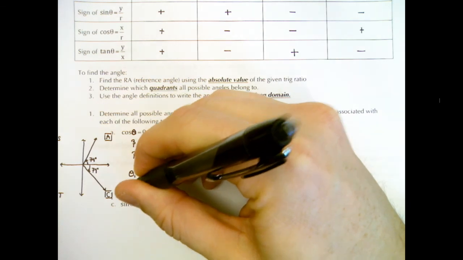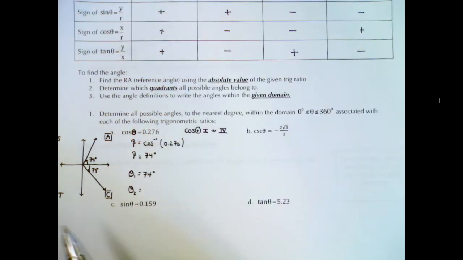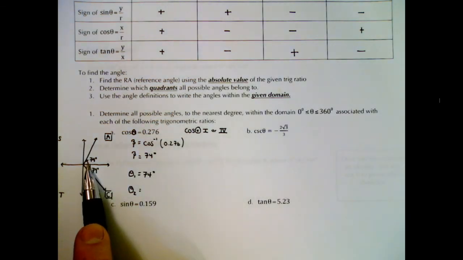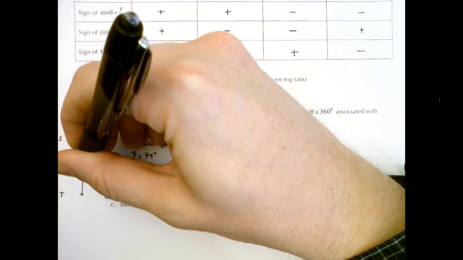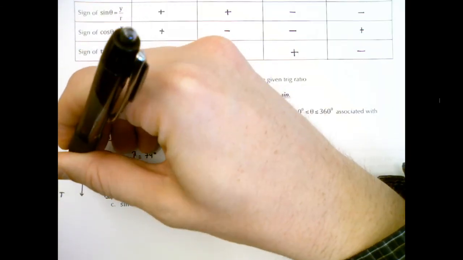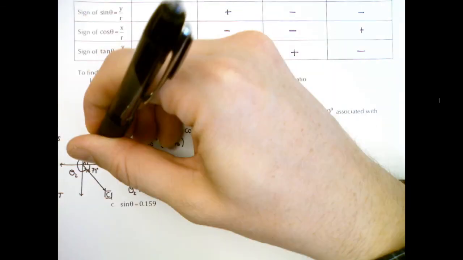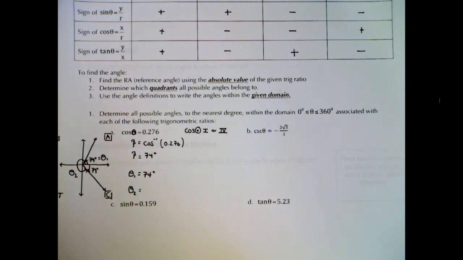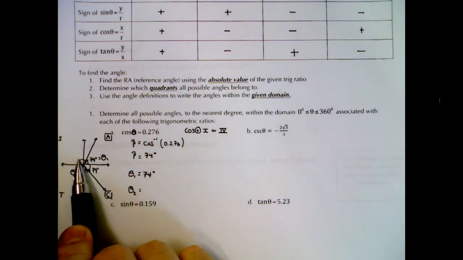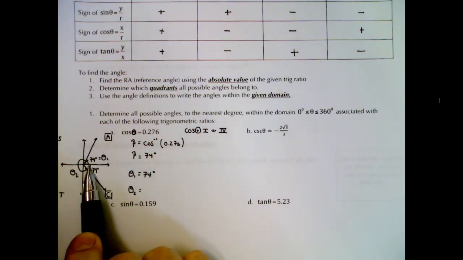To find our answer that's in quadrant 4, our second theta, we would start at the initial arm and we would have to rotate all the way around into quadrant 4. That would be our second theta. Our first theta was right there. So our second theta would be into quadrant 4. It would be 360 degrees if it went all the way around, but we fell 74 short.